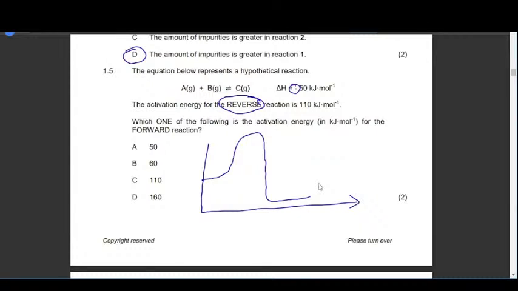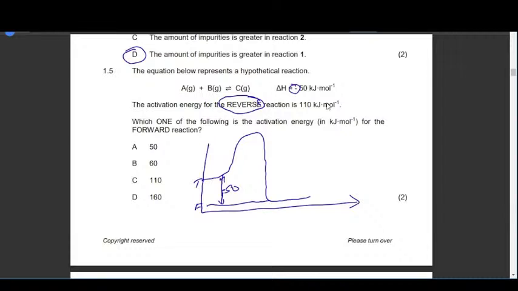And then they're saying that the enthalpy change is -50 for this reaction. So this is the beginning, and then this is the end. So remember, final minus initial. If this is final, this is initial. So this becomes 50, but negative because final is lower than the initial. So it means that this is a change in heat of this reaction shown here.